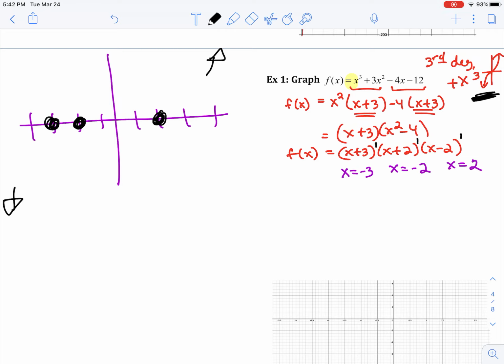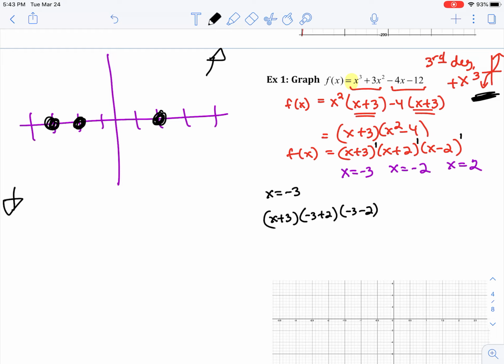If we look at the behavior as we are approaching x equals -3, that came from the factor of x plus 3. So I'm going to leave that factor alone, and I'm going to plug -3 into the other two factors. I'm going to have -3 plus 2 and -3 minus 2.